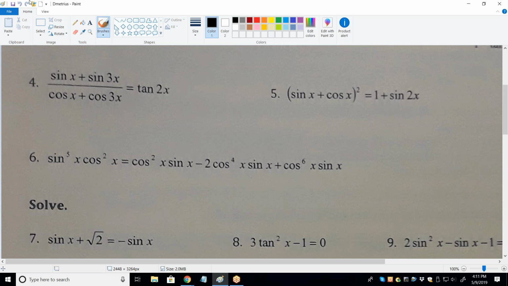I am not sure if she'll give us the formulas. Most trig classes, they want you to memorize them. They will not give you the 20 or so identities that you need to do these problems. So, if you don't have any, I would prefer not to spend the 20 minutes on problem 4.